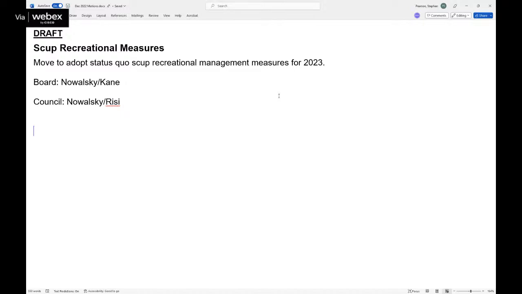But when I read the letter that was written December 8th and that we received, it's clear that the RDM is the model that has been determined to be best scientific information available.